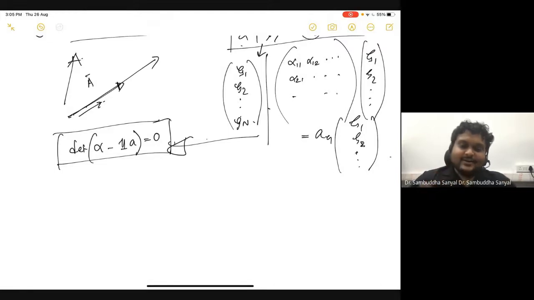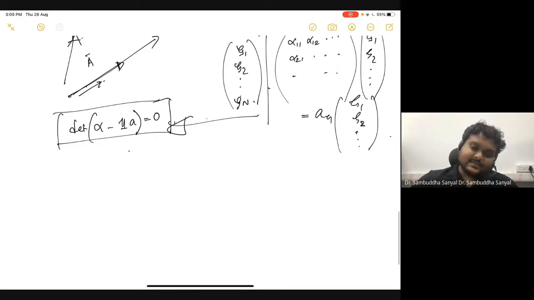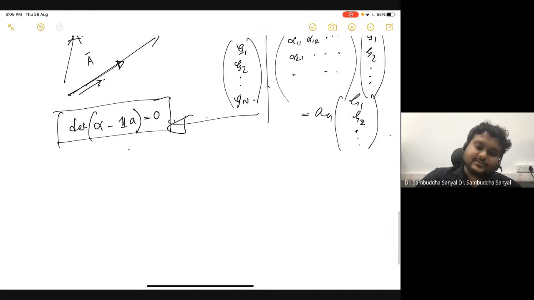Okay. And you also know that once you find the eigenvalues, how to find the eigenvectors, and once you find the eigenvectors, how to make sure they are mutually orthonormal. So the job is to find the n eigenvalues, and corresponding to each eigenvalue there is a unique eigenvector.